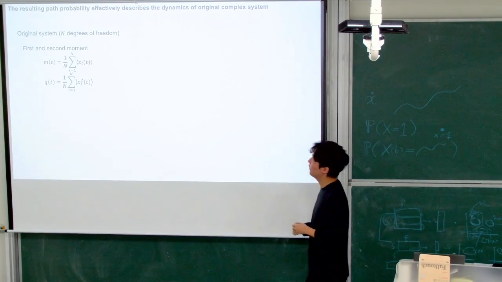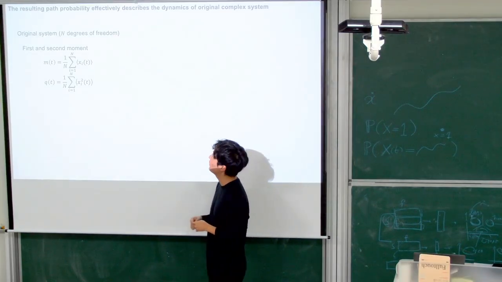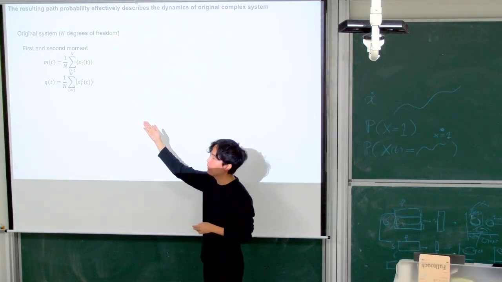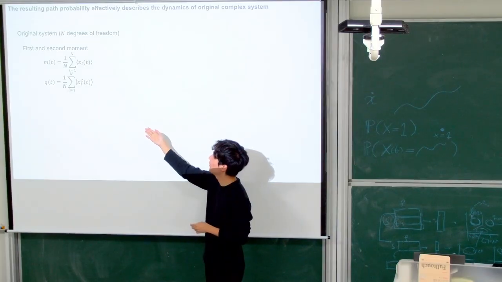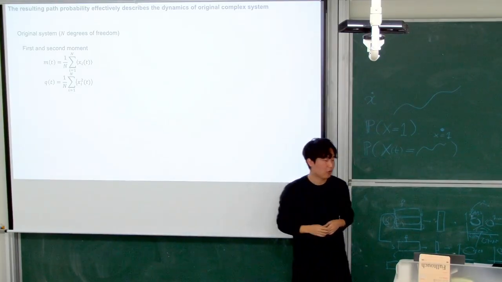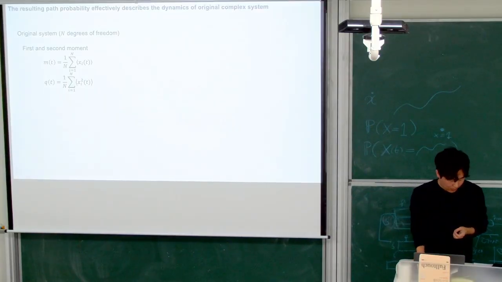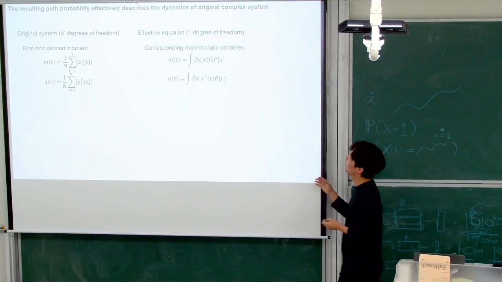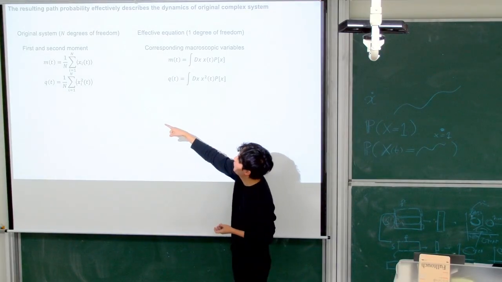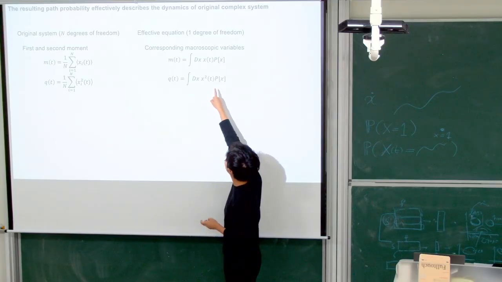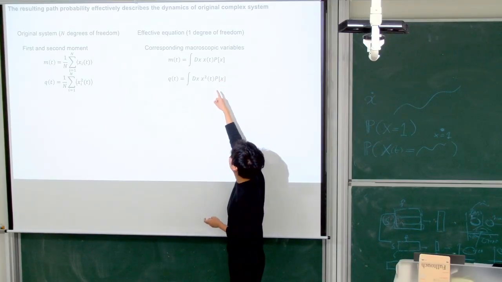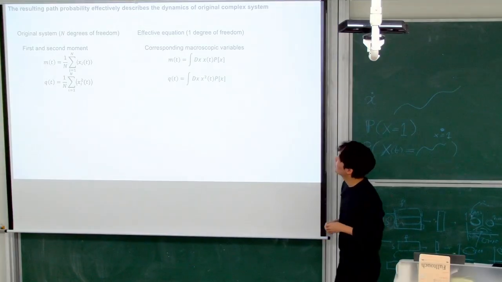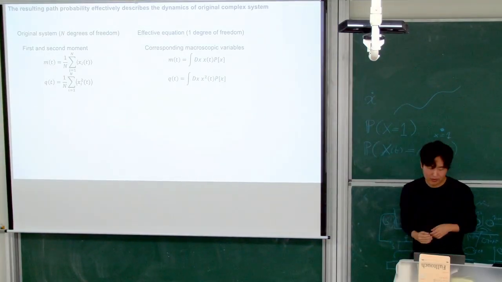From the original system, you can compute the moments. The first moment is the average, and the second moment is related to the variance, the fluctuation. Using the path probability I just mentioned, you can also compute the first and second moments by the path integral.